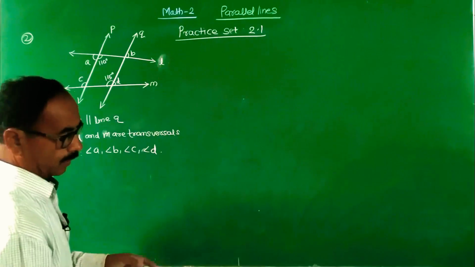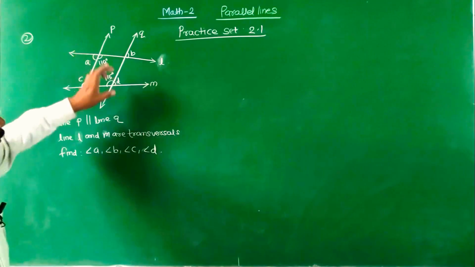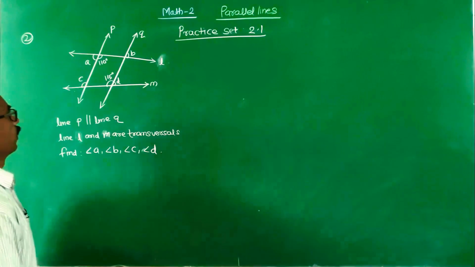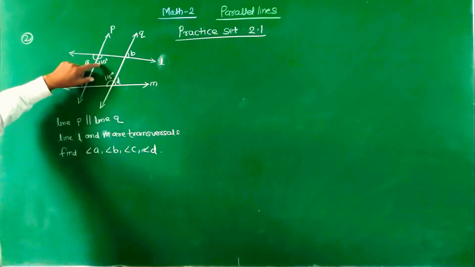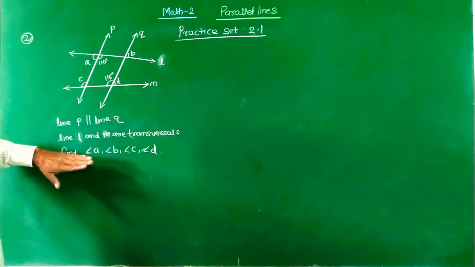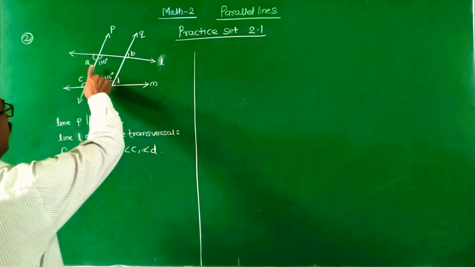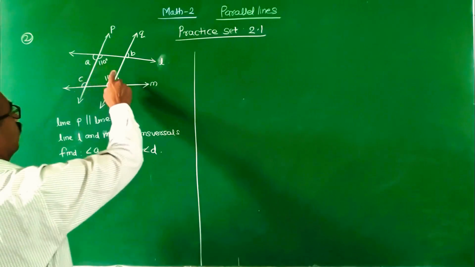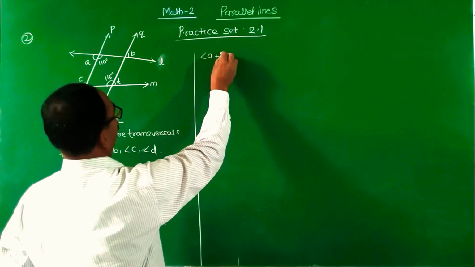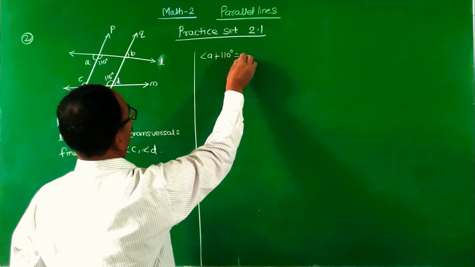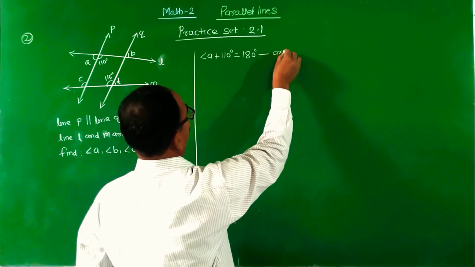Line M and L are transversals of the lines P and Q. We are given the measures of some angles, and we have to find angle A, angle B, angle C, and angle D. So here we can write angle A plus 110 degrees equal to 180 degrees, angles in a linear pair.